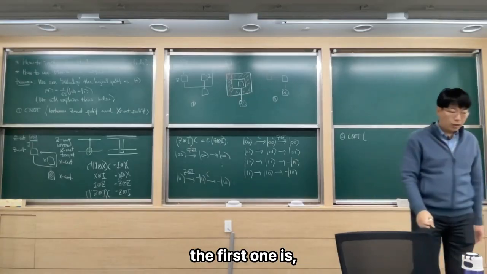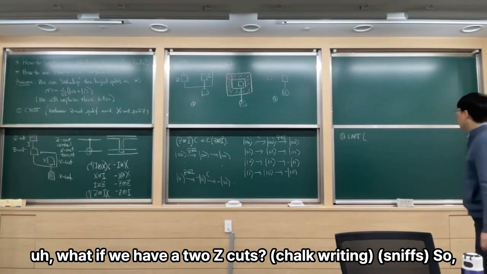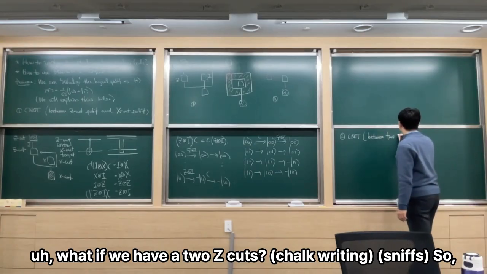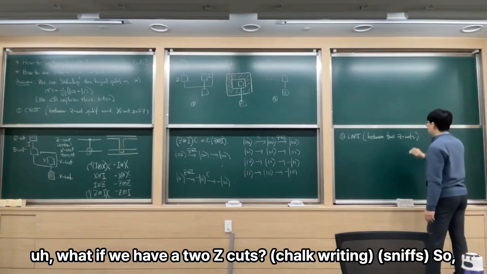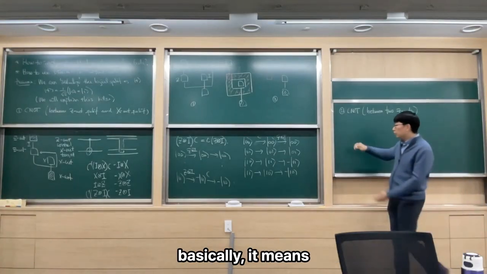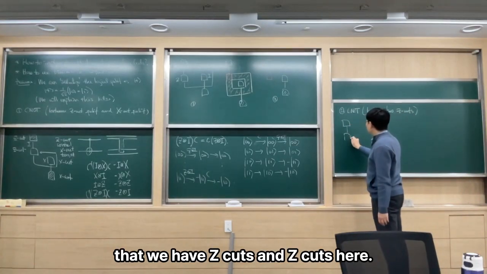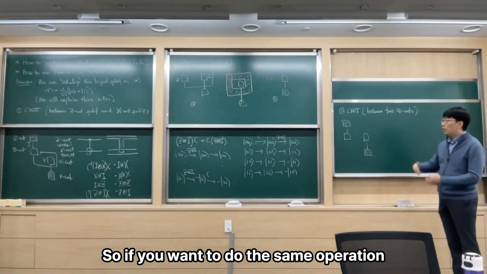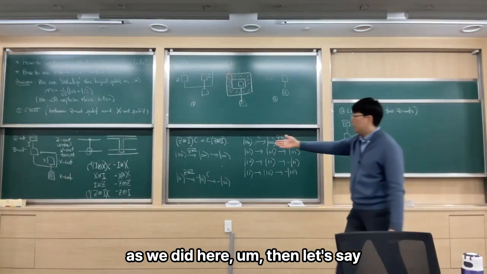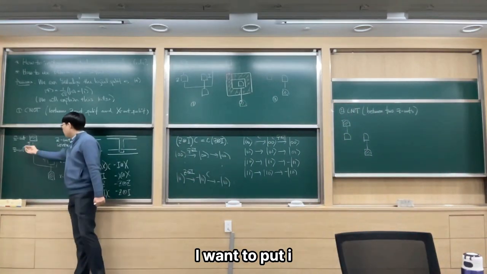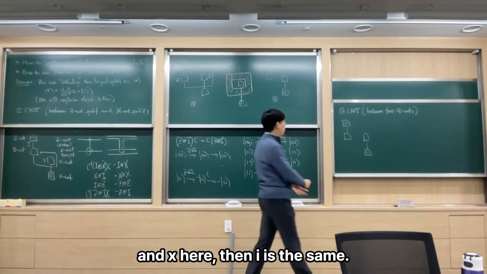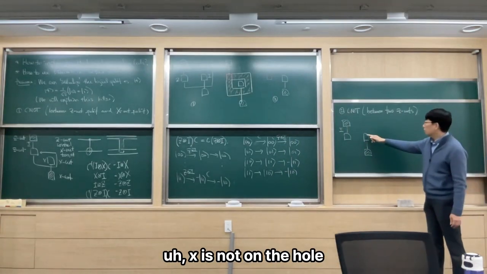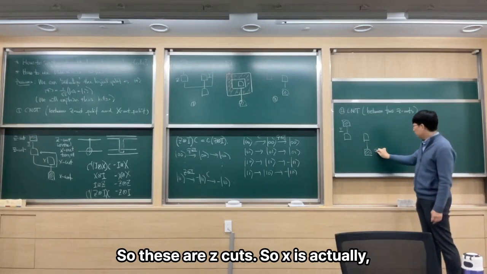The first case is, what if we have 2 Z cuts? So we have Z cuts and Z cuts here. If you want to do the same operation as before, let's say I put I and X here, then I is the same. But here X is not on the hole, because these are Z cuts.